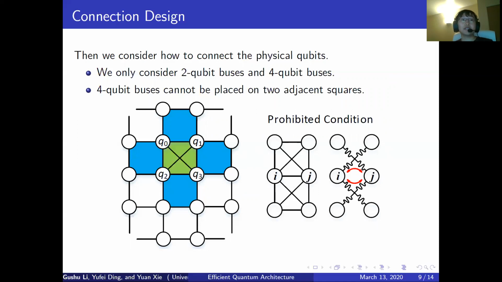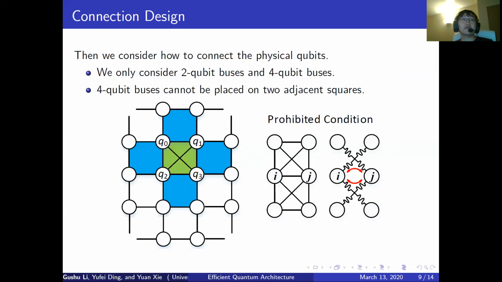The difference between these 2 types of buses is that, consider 4 qubits in a square, 4 qubit buses provide additional connections on the diagonals, and that's the only difference. But as I just talked about in the trade-off, more connections will improve performance but lower the yield. So we hope to only employ 4 qubit buses on the positions that could benefit the performance most.